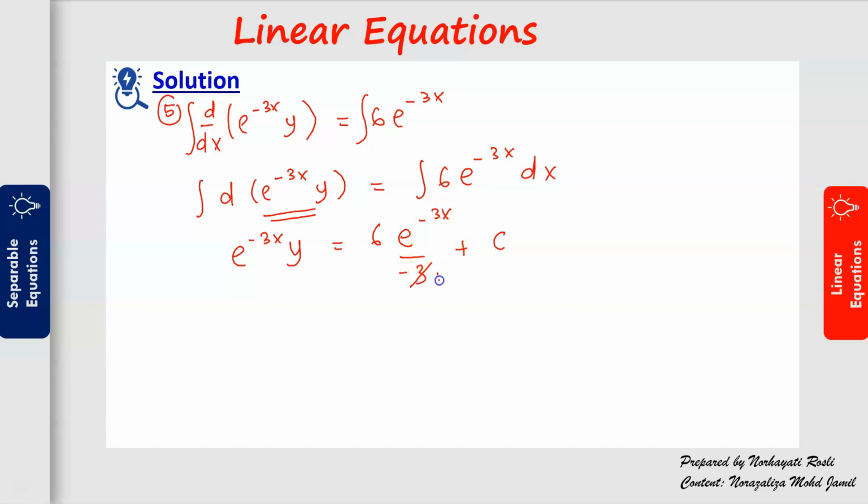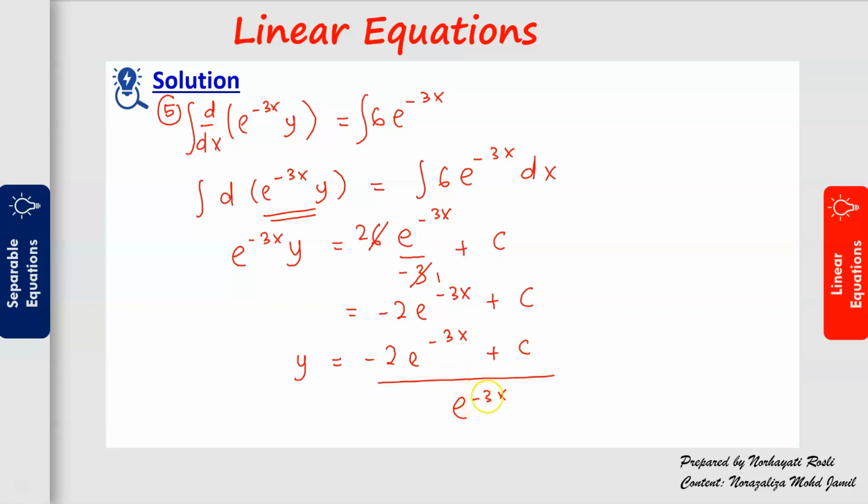So when we simplify this, we get negative 2 exponential of negative 3x plus c. When we rearrange this, making y the subject, we will have y equal to negative 2 exponential of negative 3x plus c, all divided by exponential of negative 3x.